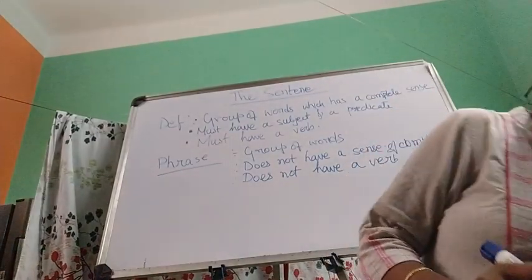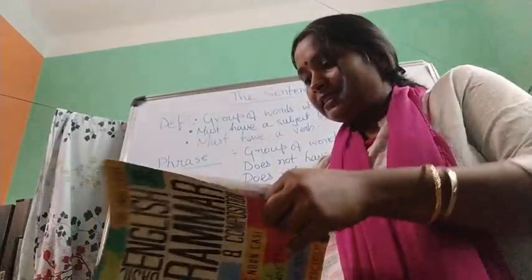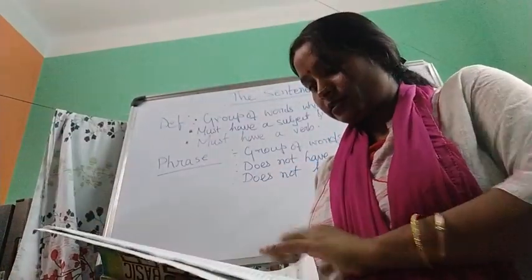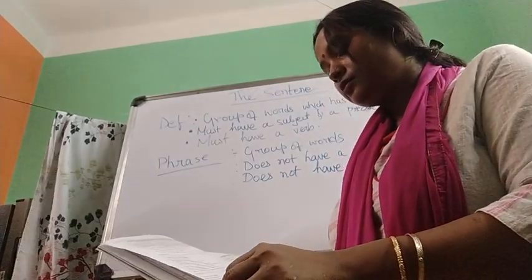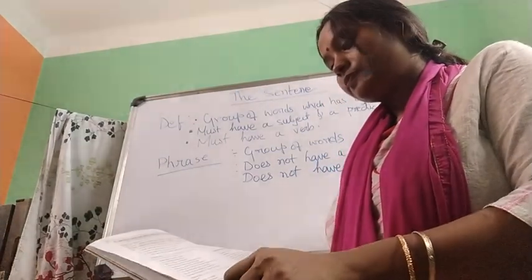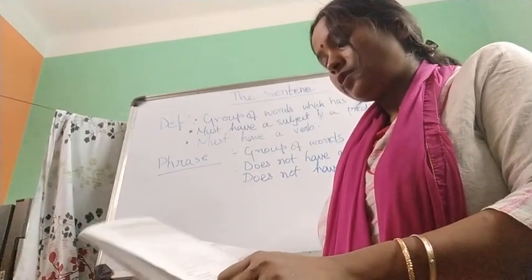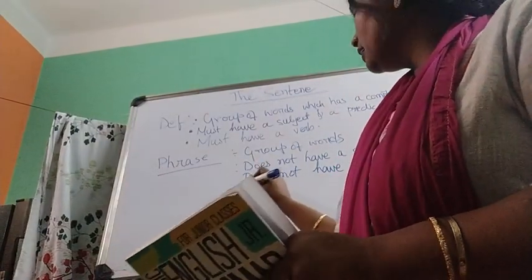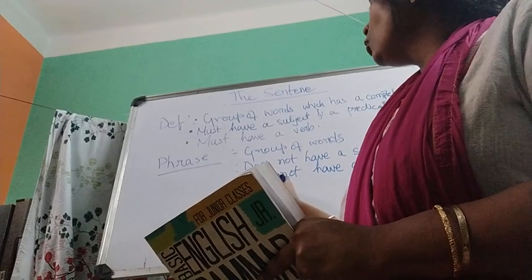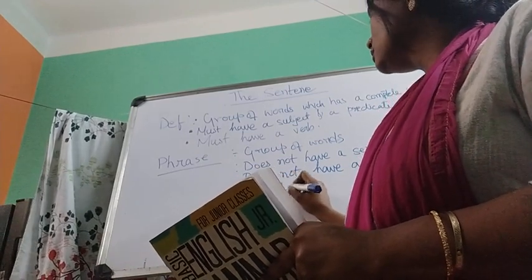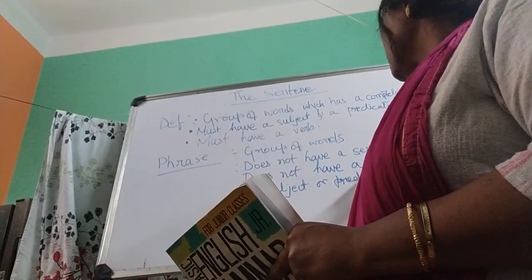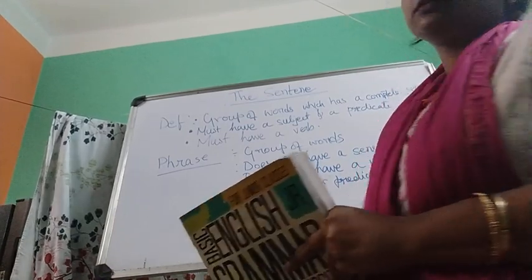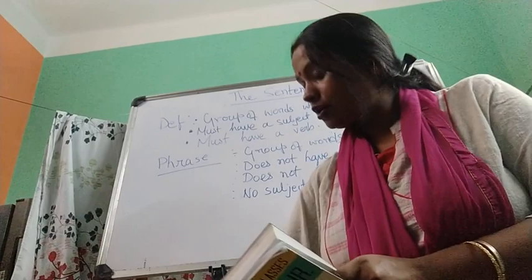Okay? Now again, turning back to the book once again, you see there are a few exercises here. One more thing, it won't have a subject or a predicate.